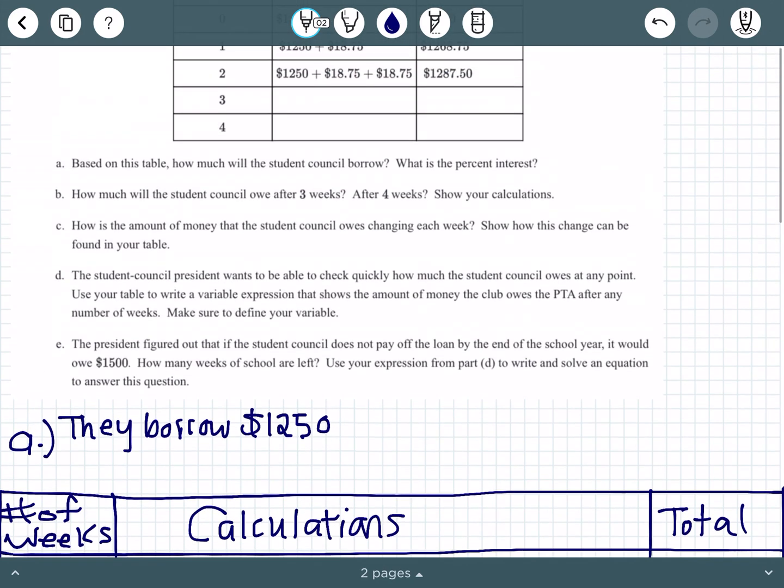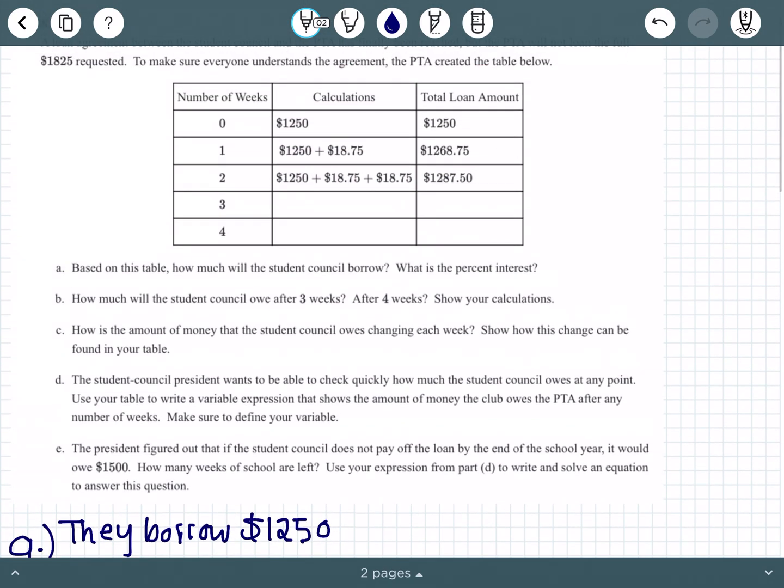All right, and now for the other part of this question, we need to figure out what was that percentage rate, or what are they being charged per week for this interest? So what I would do is I would have a look now at the second row down, which shows us 1 week, how much the total loan amount is.